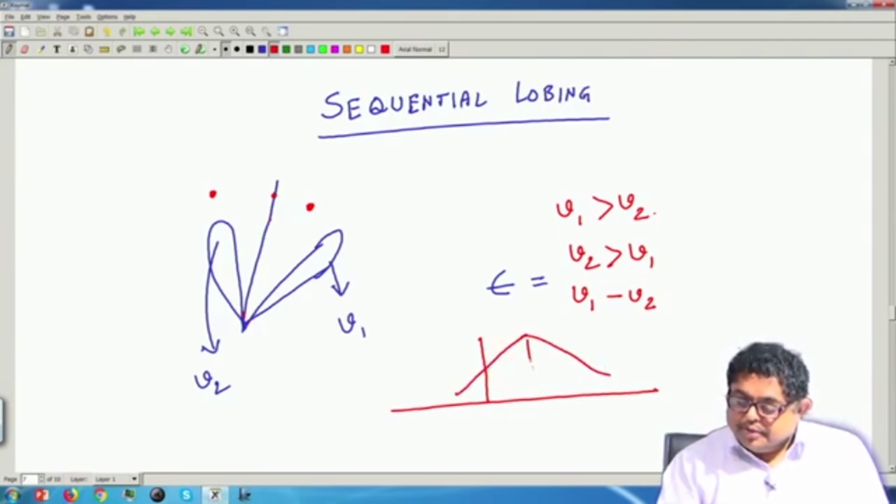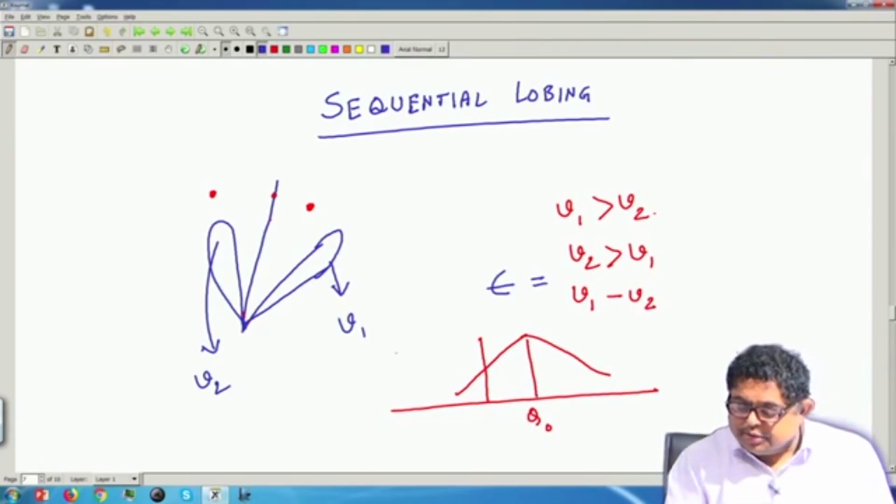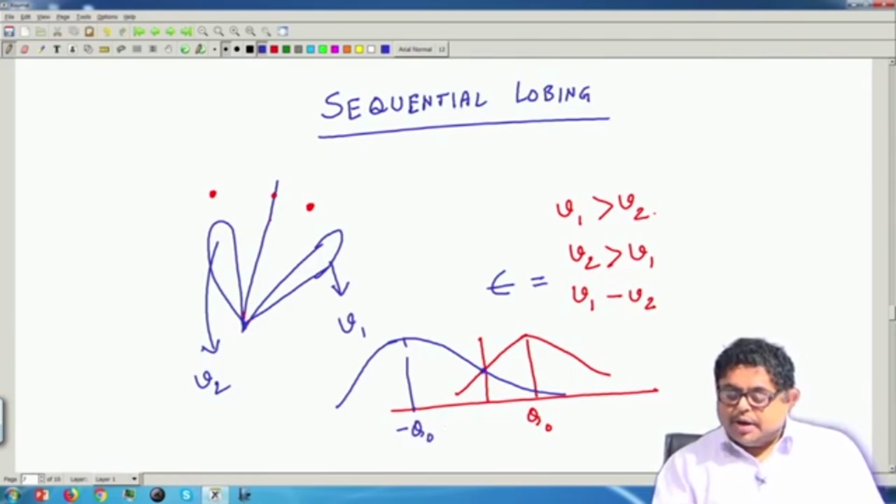for the squint beam. This is called, let us say, theta naught, and another squint beam is minus theta naught. There is a point where the amplitudes of both beams are the same, the intersecting point.